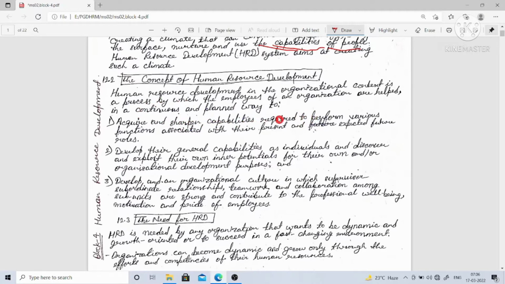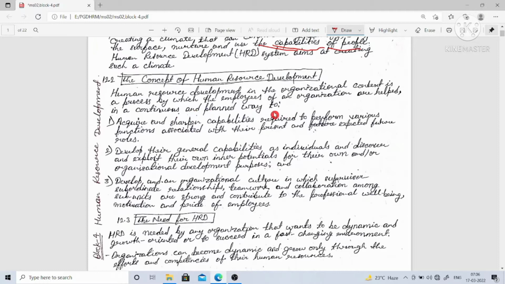You see here, it is a process in the context of the organization in which employees of the organization are helped in a continuous and planned way.